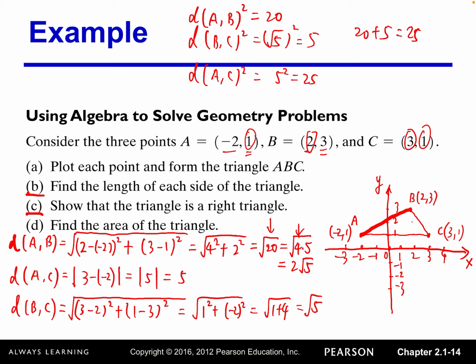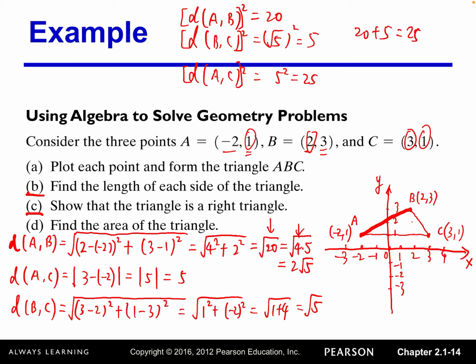That exactly satisfies the Pythagorean theorem. So this triangle ABC is a right triangle. So the distance of AB squared plus the distance of BC squared should equal the distance of AC squared.